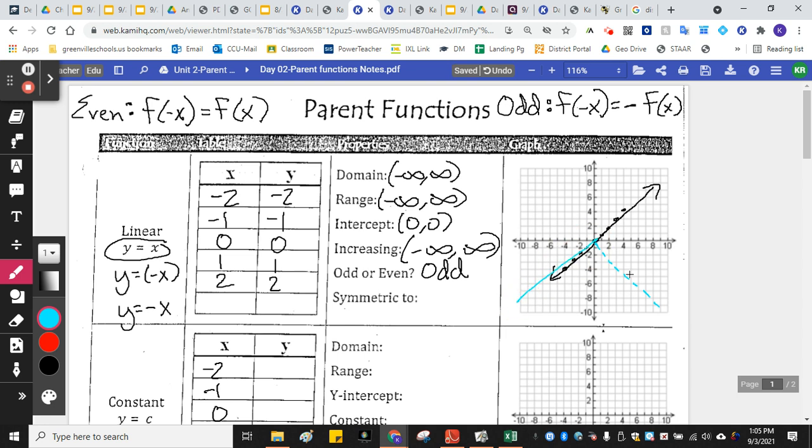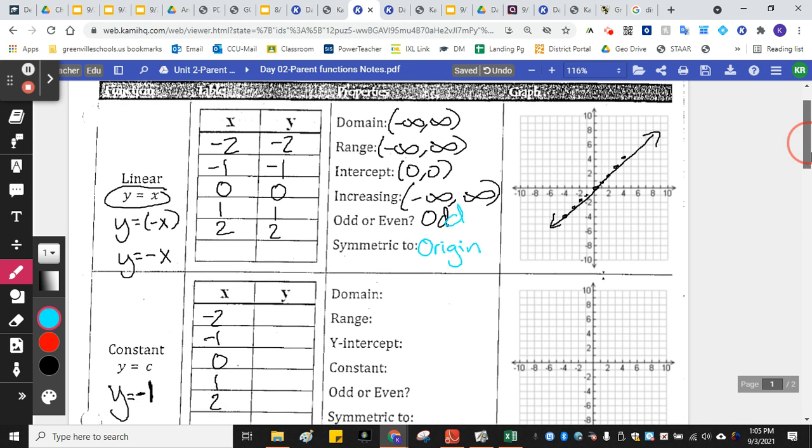Since it lines up, it is symmetric about the origin. So that's a twofold. We're going to do more of that.